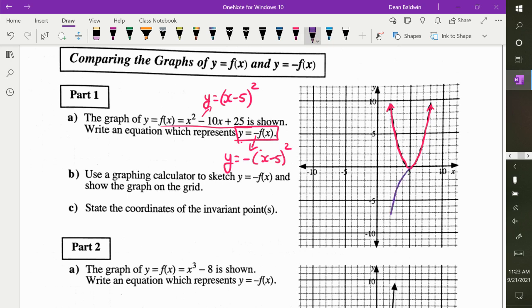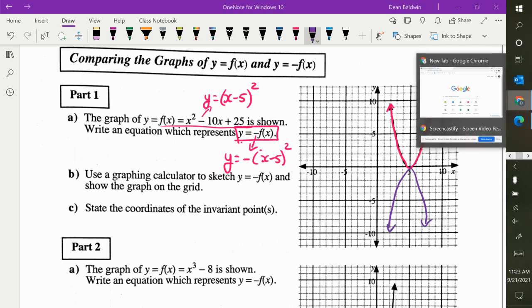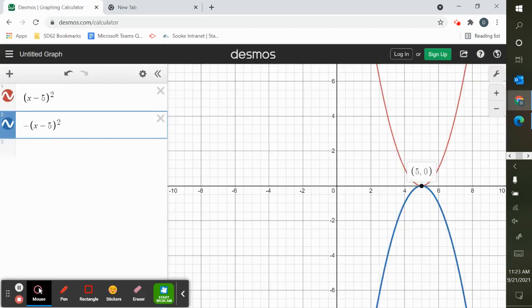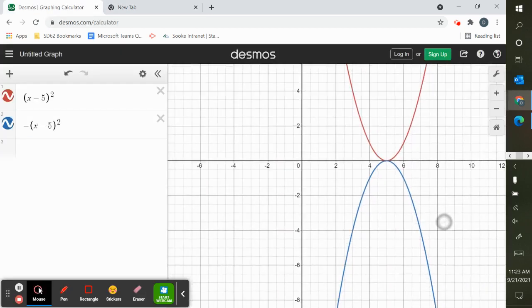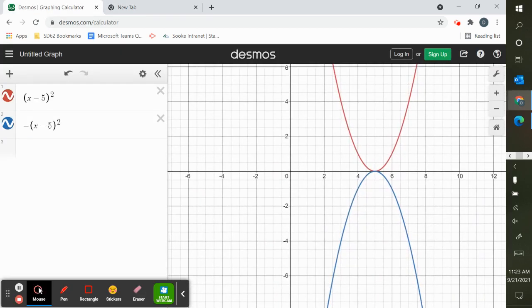If you graph it on Desmos, the blue one is the opening down. Here's the original; I'll put a negative in front. It just opens down. The only point that doesn't change is 5, 0, the x-intercept.